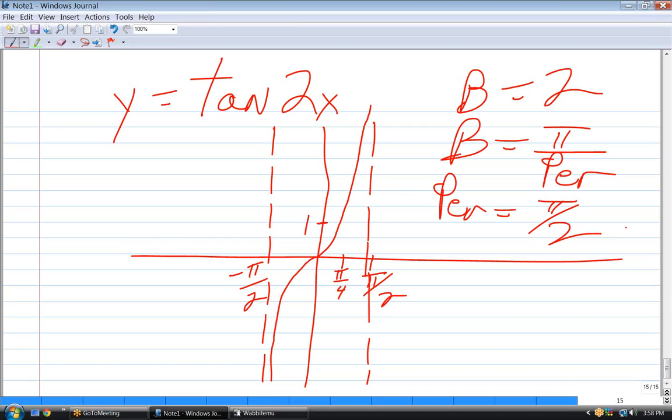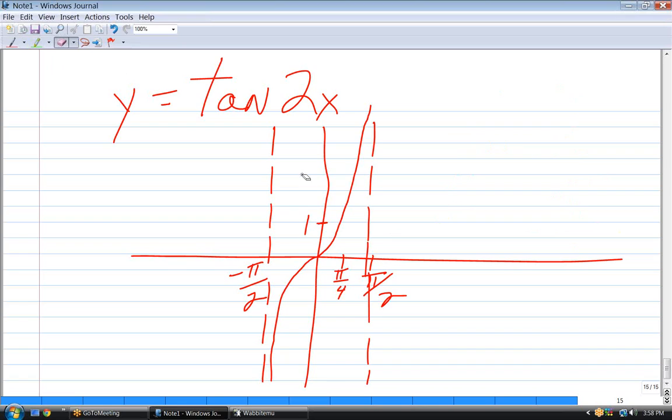In this case, b is 2, so our period is pi over 2 instead of pi. So if I want to draw this function with a period of pi over 2, I'm going to make my vertical asymptotes go from minus pi over 4 to pi over 4. And then I'm going to draw that function as if it were normal looking, like that.